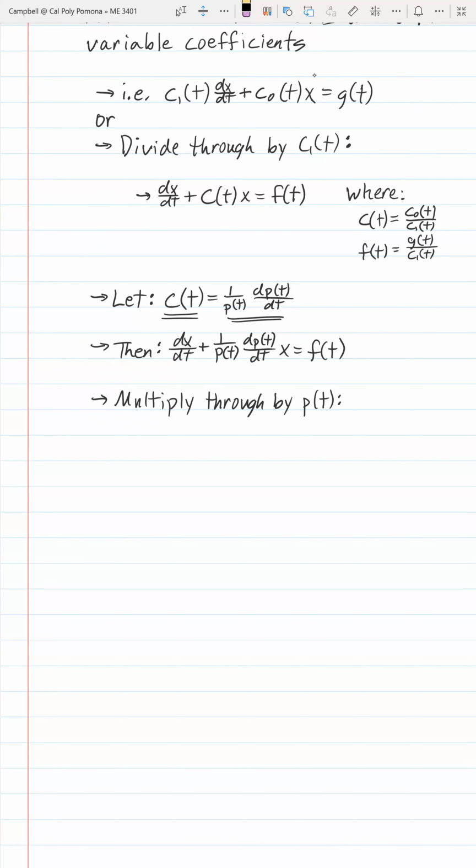And when we do that, we then get P of t times dx/dt plus dP of t/dt times x is equal to P of t times f of t.